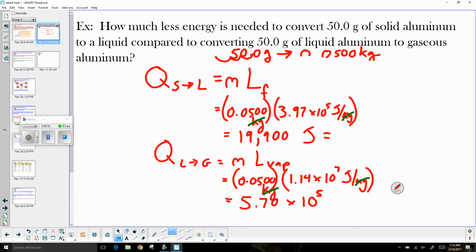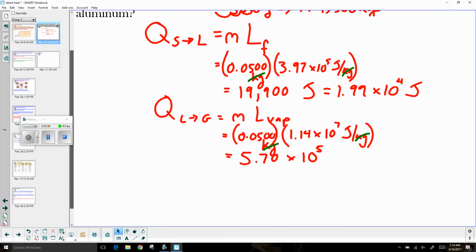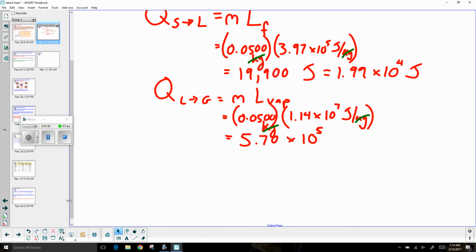Change this to scientific notation for clarity: 1.99 times 10 to the 4th. Then the last thing I need to do is just subtract these two values. So how much more heat is needed? Well, that's going to be 5.70 times 10 to the 5th minus the 1.99 times 10 to the 4th.